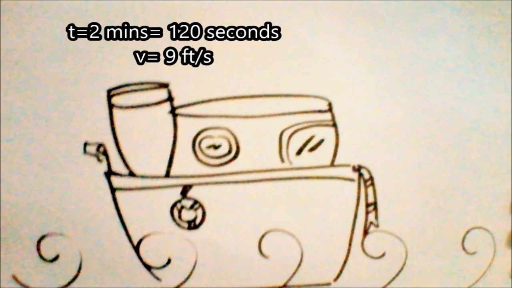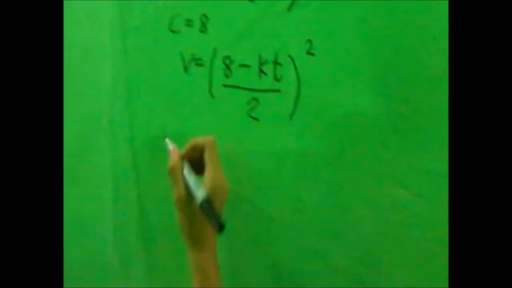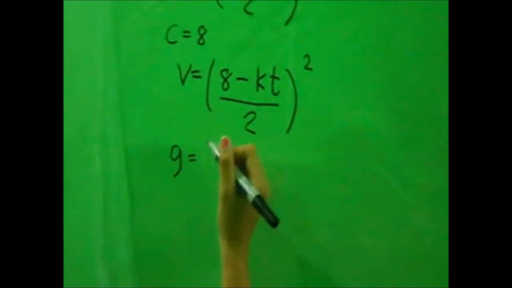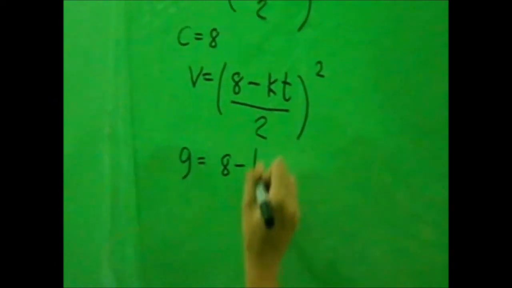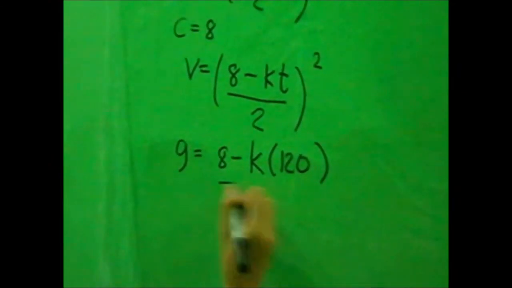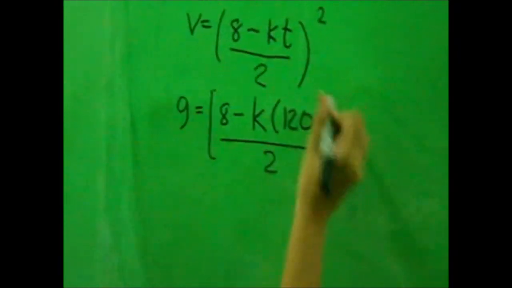To find the value of k, we substitute v is equal to 9 feet per second at 120 seconds. So 9 is equal to 8 minus k times 120 all over 2 squared.